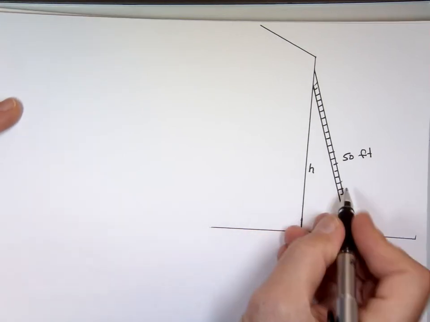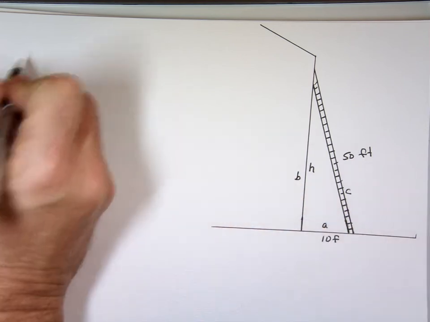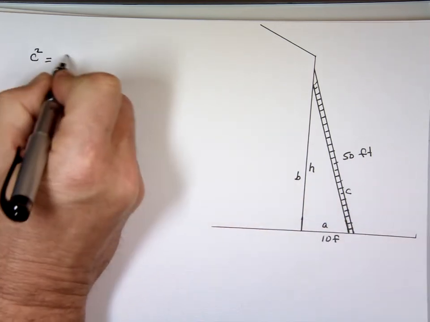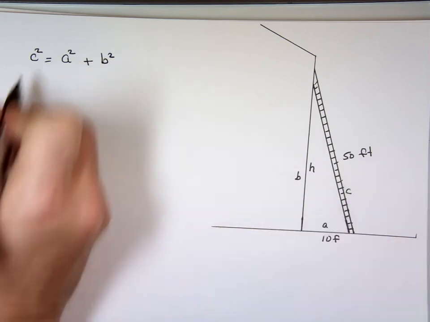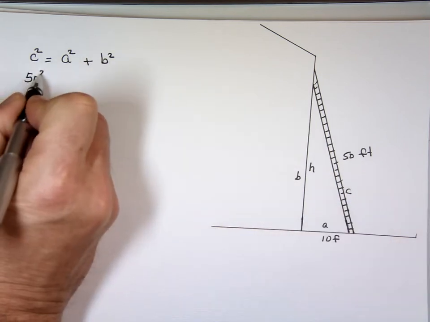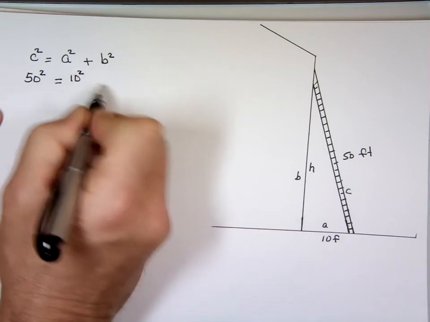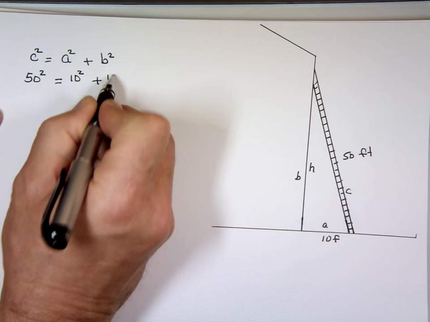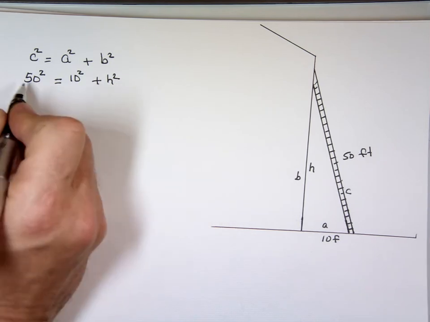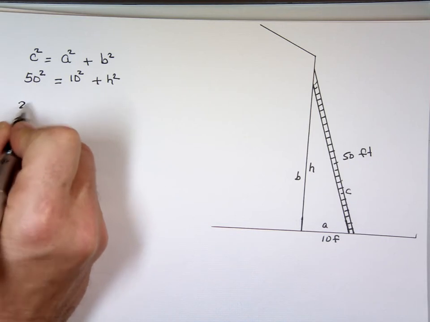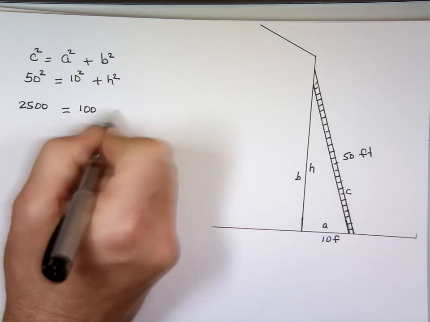Pythagorean Theorem says if I call this one C, this is A, this is B. C squared equals what? A squared plus B squared. What is C equal to? 50, square it. What's A equal to? 10, square it. And B is the height. 50 squared is what? 2,500. 10 squared is 100.